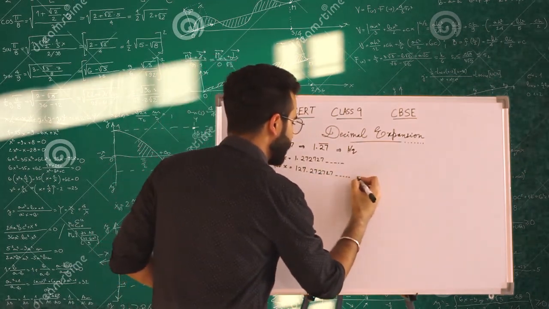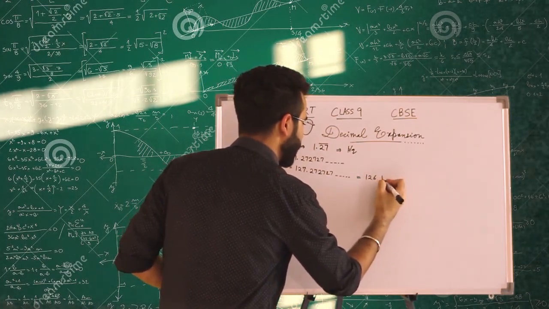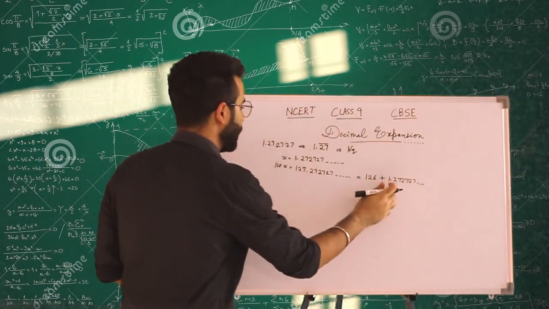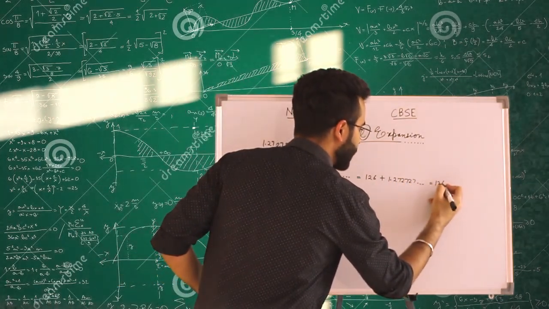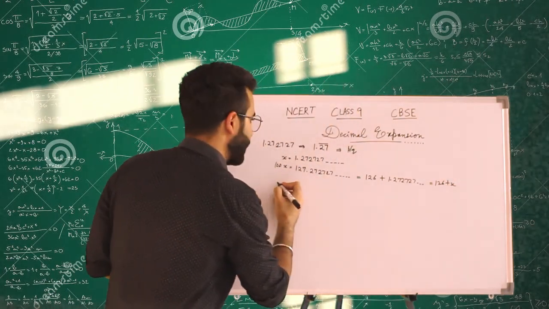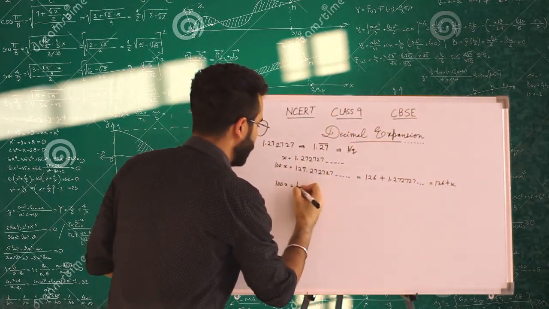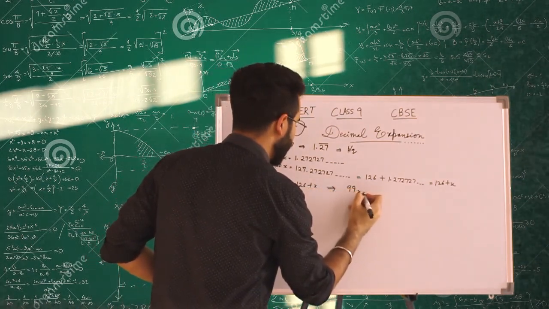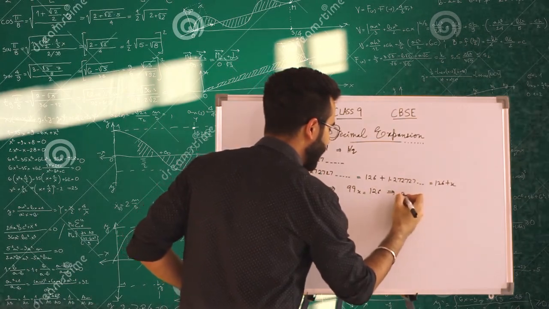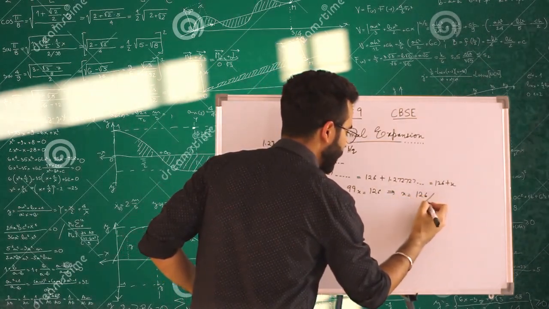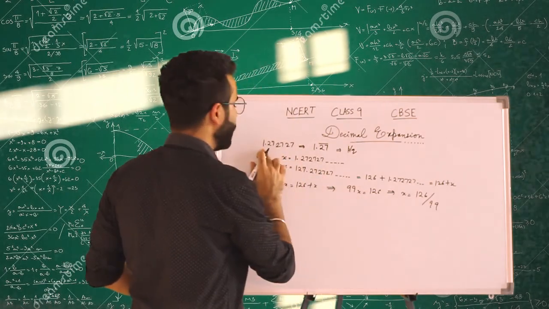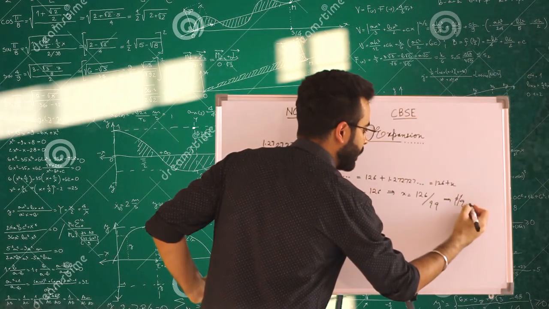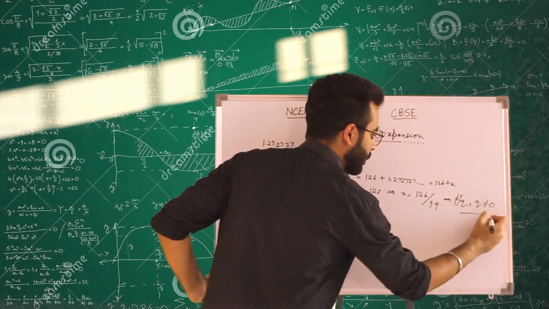Now this can be written as 126 plus 1.272727. Now this is our x, so this becomes 126 plus x. So basically 100x is equal to 126 plus x, which means 99x is equal to 126. So my x will be 126 by 99. So this number can be written as 126 by 99, and this is in the form p by q, where p and q are integers and q is not 0.